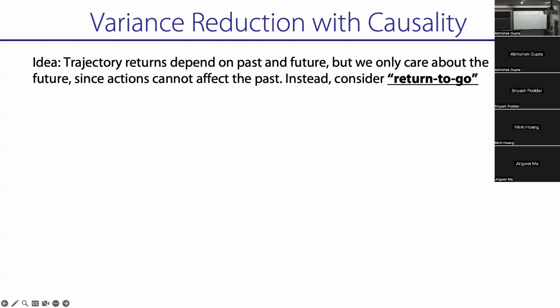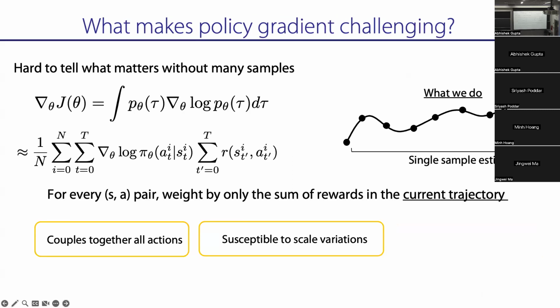We talked about the first way we can deal with this. Currently, if you look at the objective, it goes from t prime equal to 0 to t, which means you sum up rewards in your entire trajectory, even the past. So let's say you're considering t equal to 10, right?